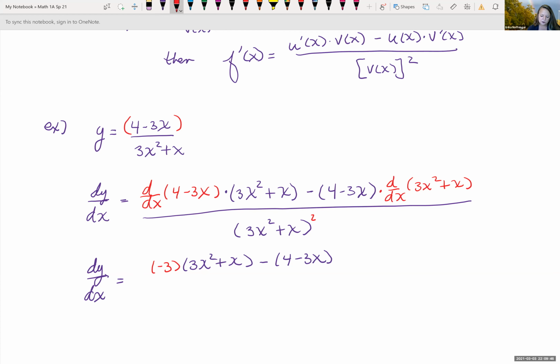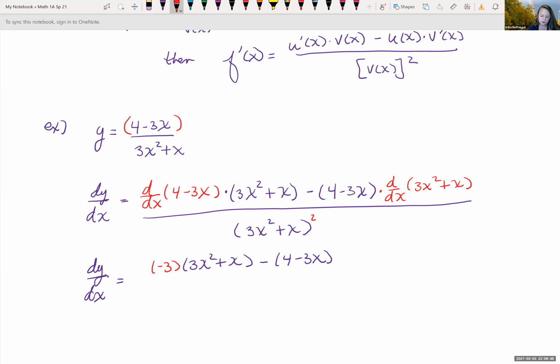Let's distribute the negative and then combine like terms. So we have negative 9x squared minus 3x. Distributing the negative inside that bracket, I get negative 24x minus 4 plus 18x squared plus 3x, all over the denominator squared. Almost done.